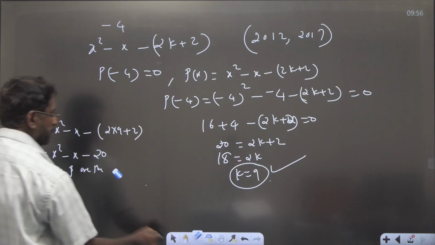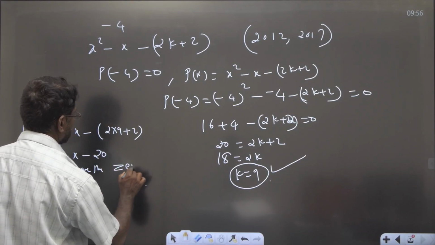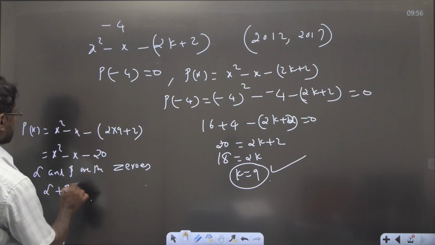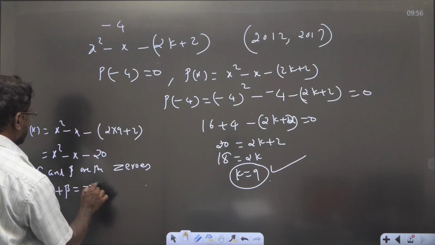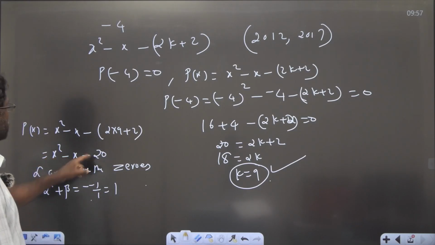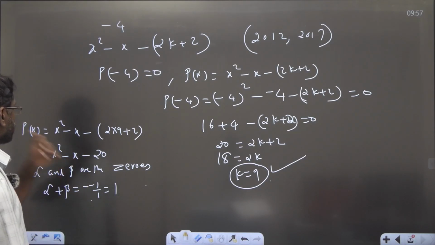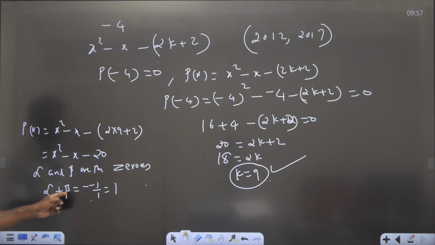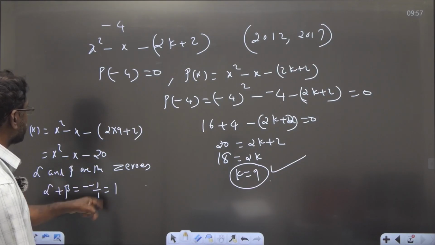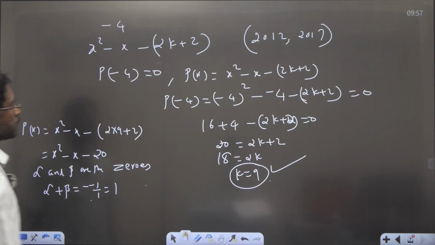Suppose alpha and beta are the zeros. Then alpha plus beta is equal to minus b by a, that is minus of minus 1 by 1, that is 1. Here a is 1, b negative 1, c minus 20. But one root is given.